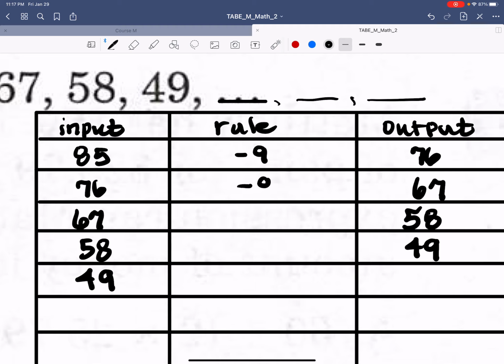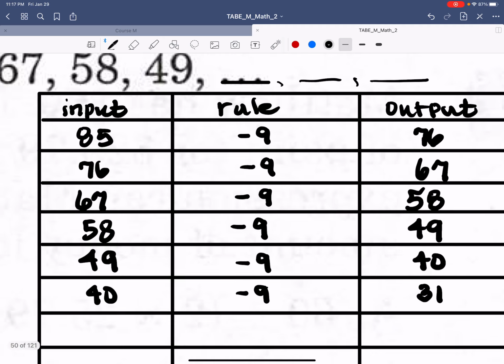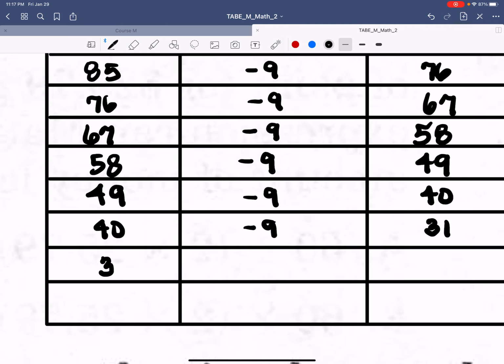But let's try this and see if that holds true. 76 minus 9 is 67. And 67 minus 9 is 58. And 58 minus 9 is 49. And 49 minus 9 is 40. 40 minus 9 is 31. 31 minus 9 is 22.